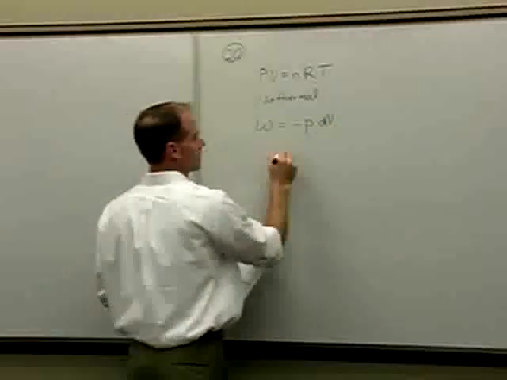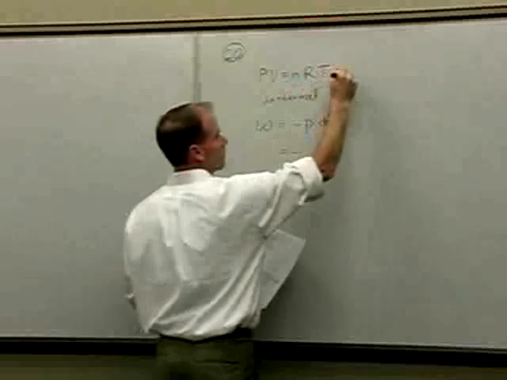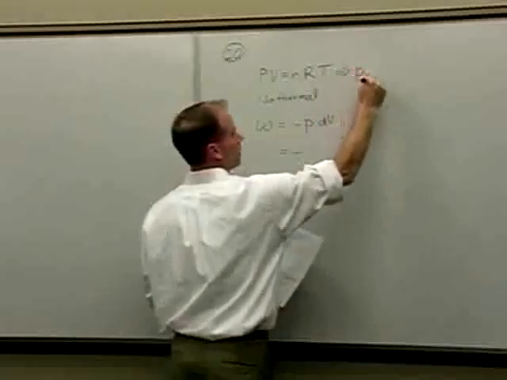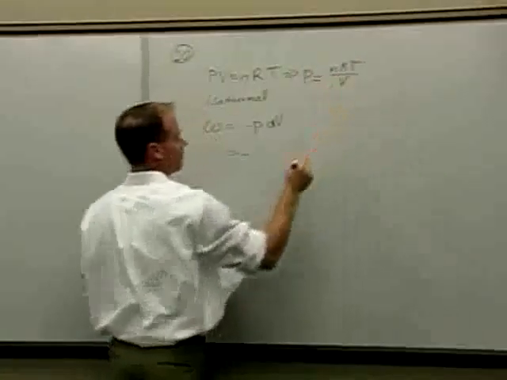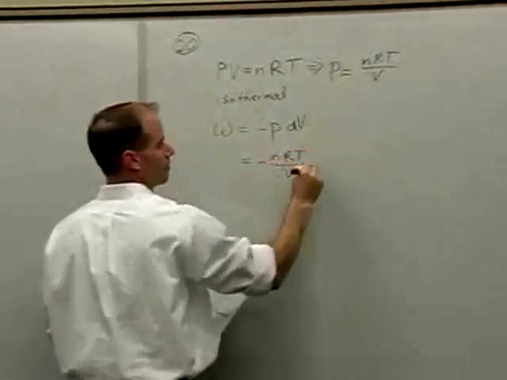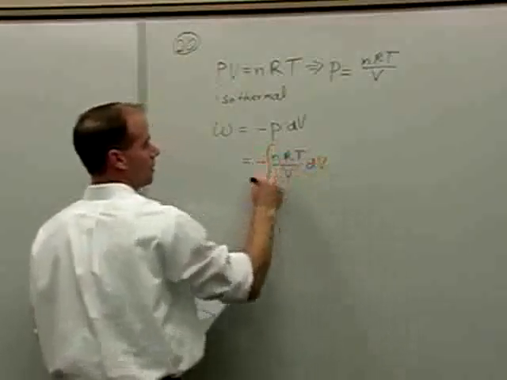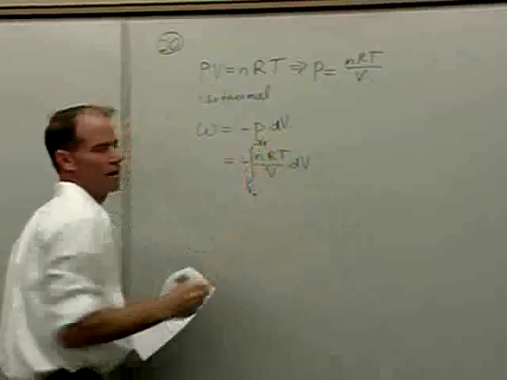So we can write this as negative pressure, where P equals nRT divided by volume. So this would be negative nRT divided by volume dV, integrated from initial volume to final volume.